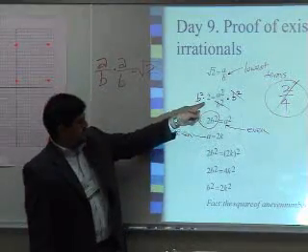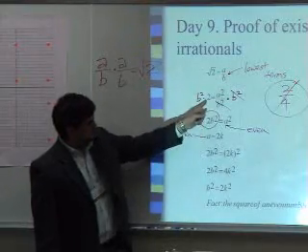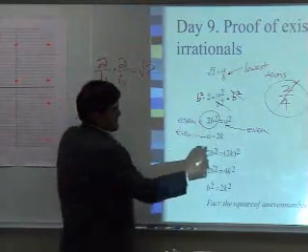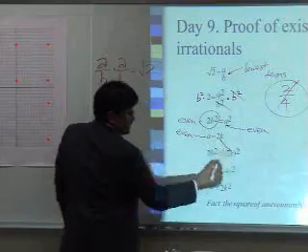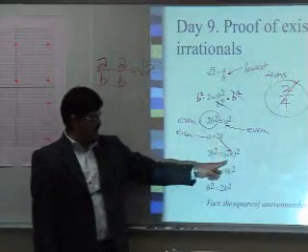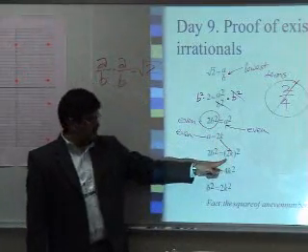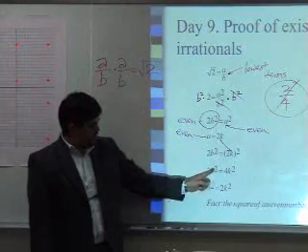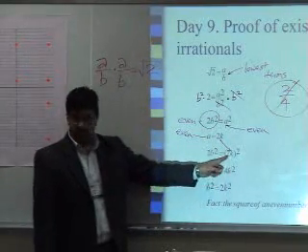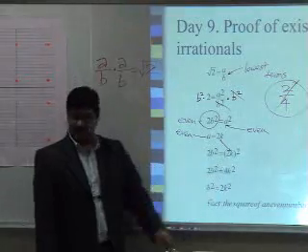I'm coming back to here. If I substitute this number in here, because a equals 2k, right? And I work it out, I get 2b squared equals 4k squared. 2k times 2k is 4k squared.